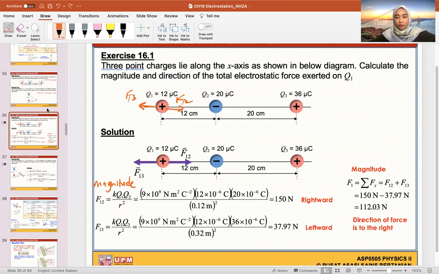Then I made a mistake. I'll correct it later. Thank you, Fakri. Correct myself. Exercise 16.1. So it should be to the right.